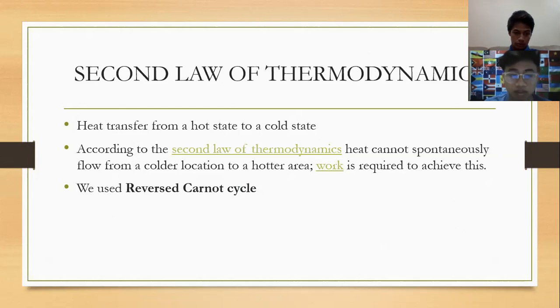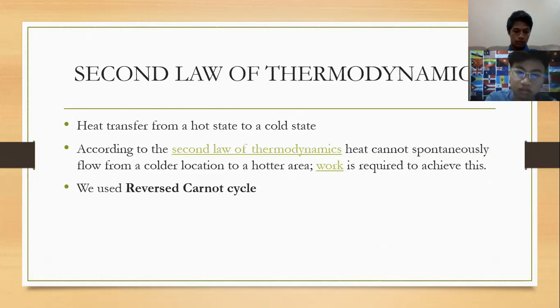So basically what is the Carnot engine or Carnot cycle? The Carnot cycle is a reversible cycle, so the four processes that comprise it, two isothermal and two isentropic, can also be reversed. When a Carnot cycle runs in reverse, it is called a reverse Carnot cycle.